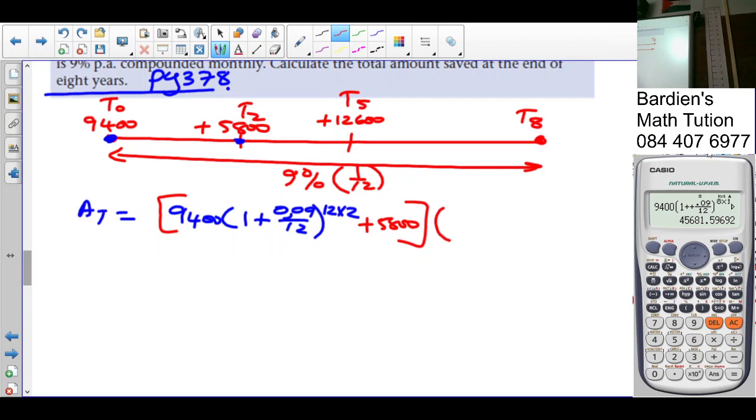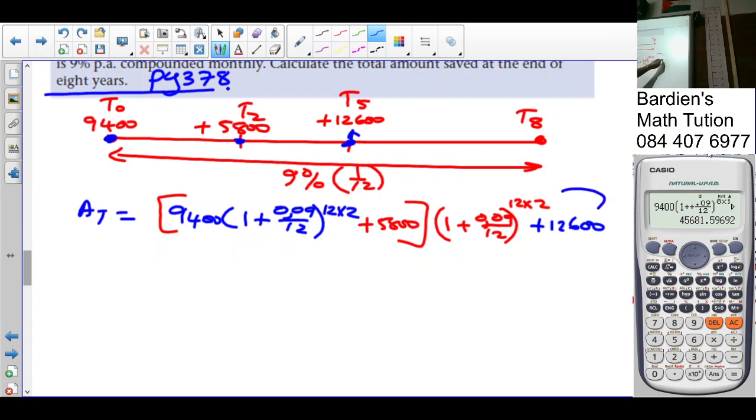It must be multiplied by an interest of 9%, so 0.09 over 12 to the exponent 12 times 2 years. Which will give me the amount lying at this point here now. That's your P value. But what happens now? To the P value, you're adding the 12,600.